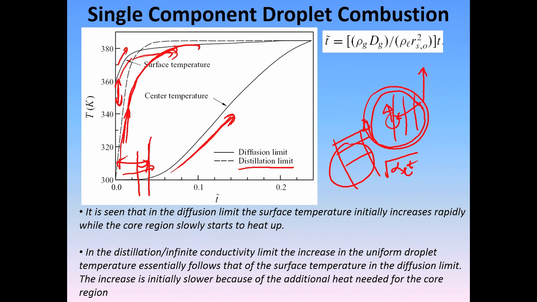So, you can clearly see that in the case of an infinite conductivity model, the increase is initially slow because of the additional heat requirement for the core region. Okay. So, that should be taken into consideration in this particular plot. So, this is just to give you an idea of what happens when you have the two limits.